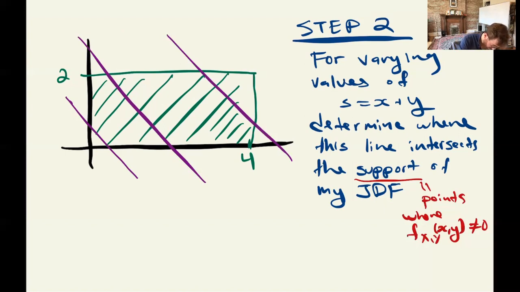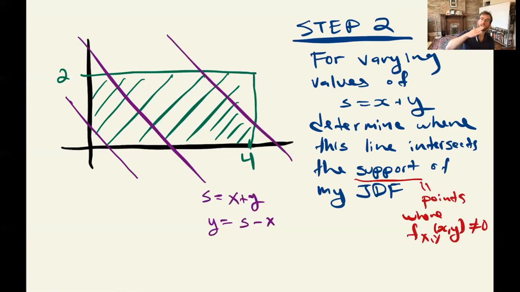And so remember, when you think about the equation of the line, s equals x plus y, you could always rearrange this to think about, well, what this is really saying is that y is equal to s minus x. And so notice that has slope negative 1.